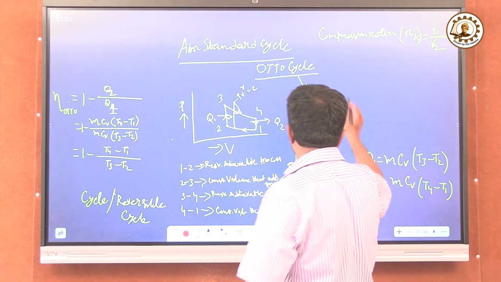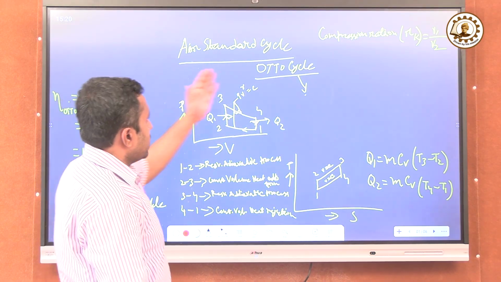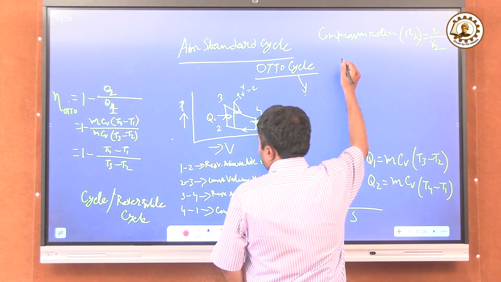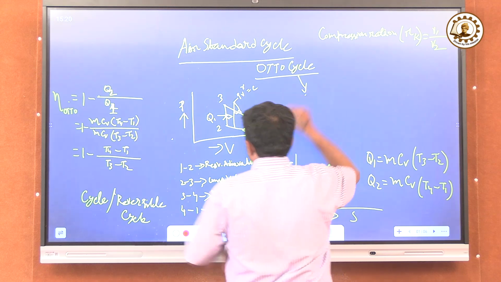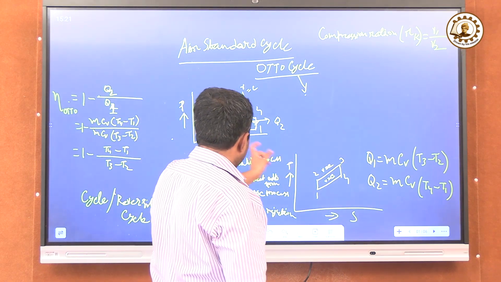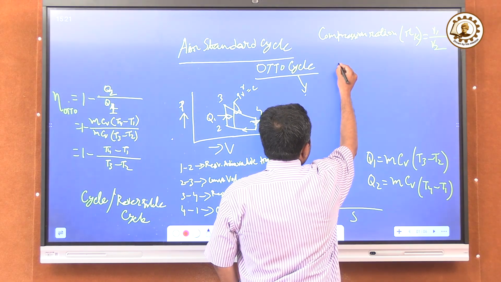Now we go for the transformation of the efficiency of Otto cycle in terms of compression ratio. For that reason, first we look at process 1-2, which is the reversible adiabatic process.